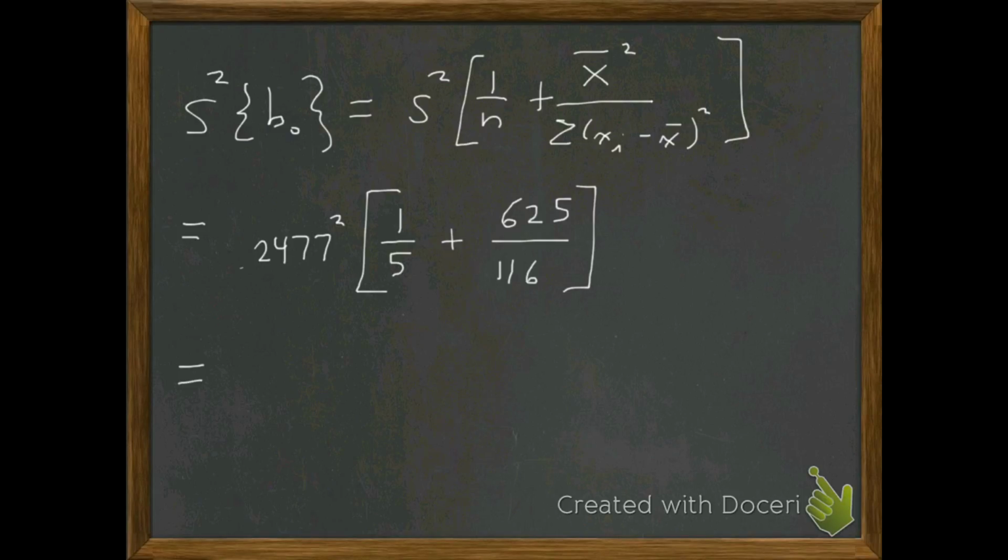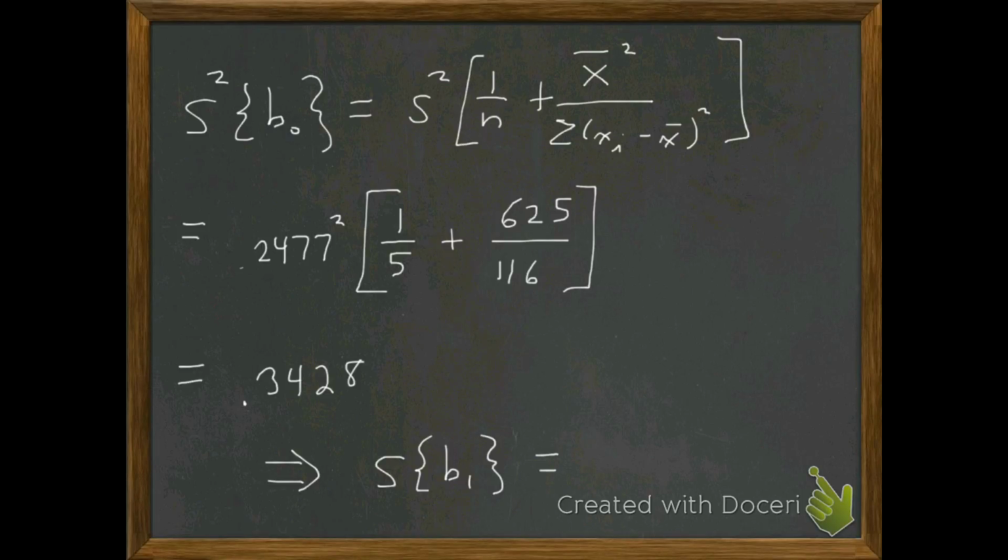So guys, put that in our calculator real quickly, and we get 0.3428. We're most interested here in the standard error, so we need to take the square root of 0.3428.